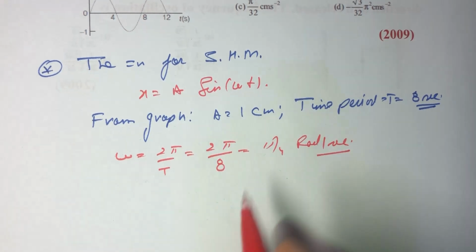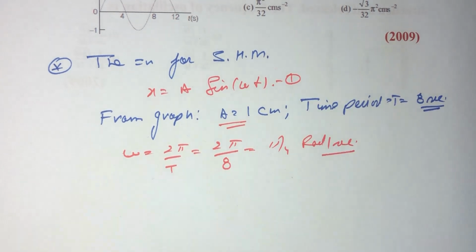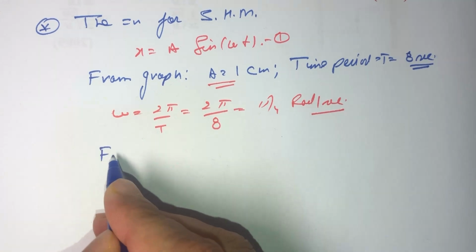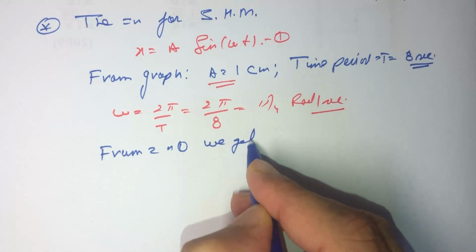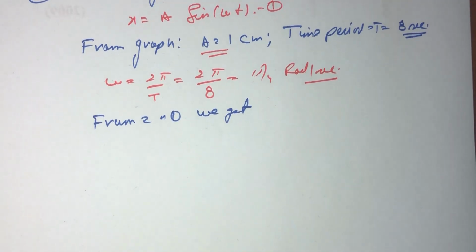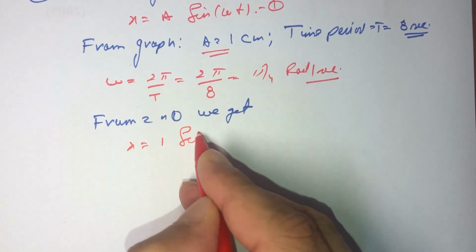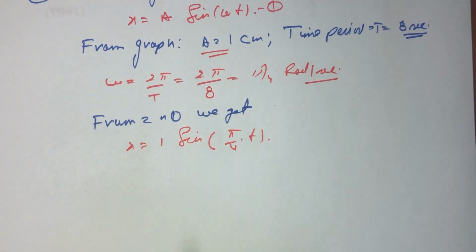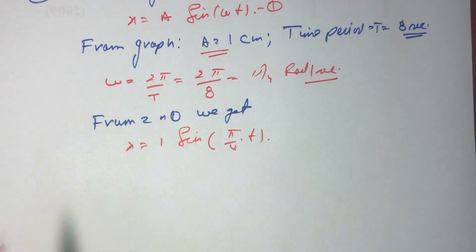Substituting the value of amplitude and omega, let us suppose this is equation 1. So from equation 1 we have x is equal to 1 sine of pi by 4 multiplied by t, and we have to find out the acceleration of the particle at time t equal to 4 by 3 seconds.